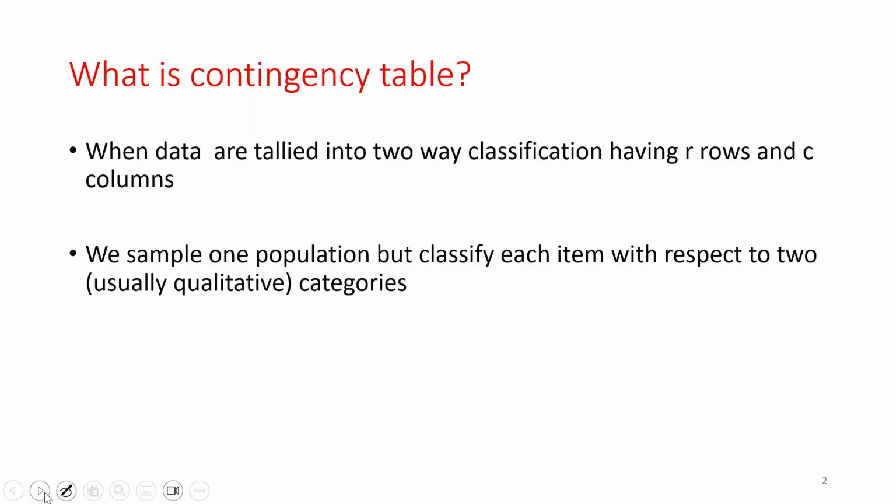We sample many times one population but classify each item with respect to two categories. Now, if I give an example, this will be clear.